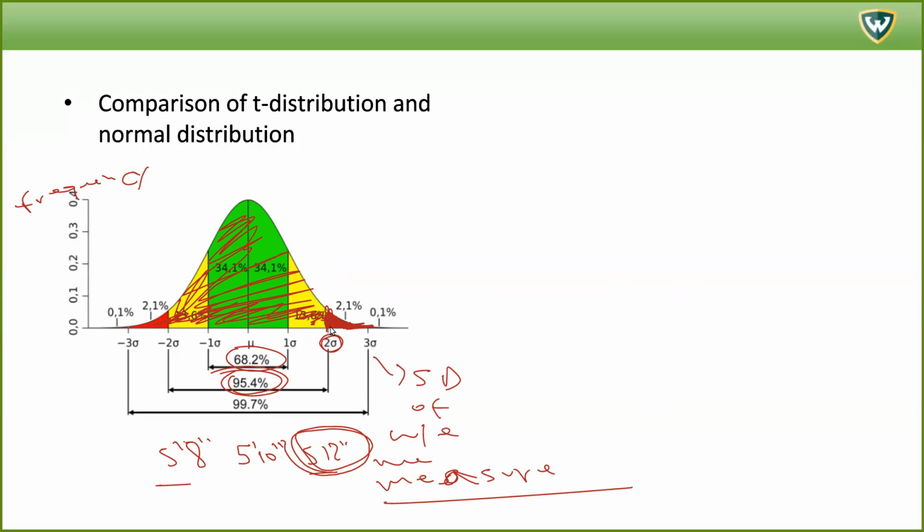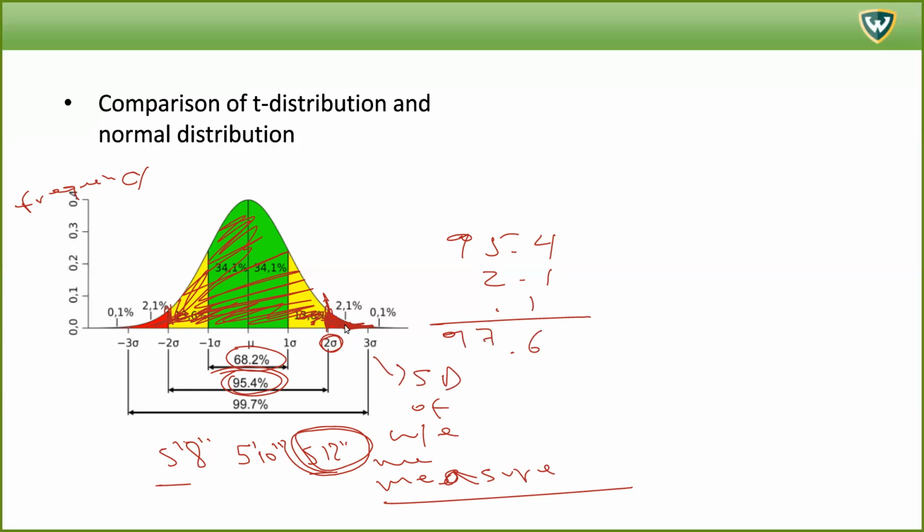And we know that 95% of people, 95 plus 2, so we have to do it like this, 95.4. 95 is from here to here. 95 plus 2.1 plus 0.1 equals 0.9797.